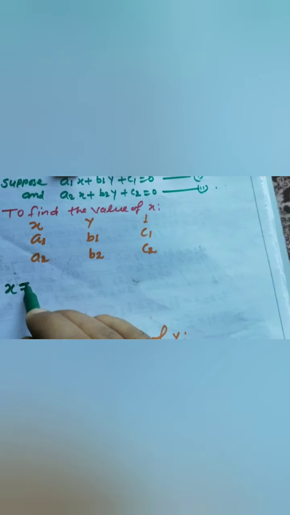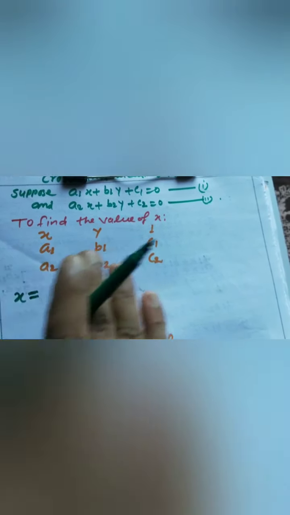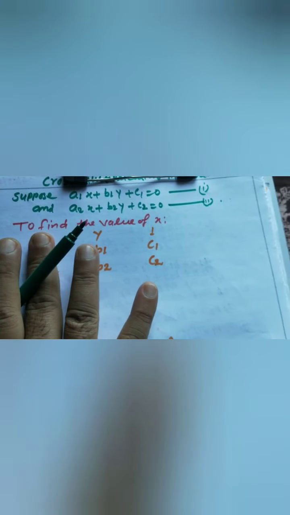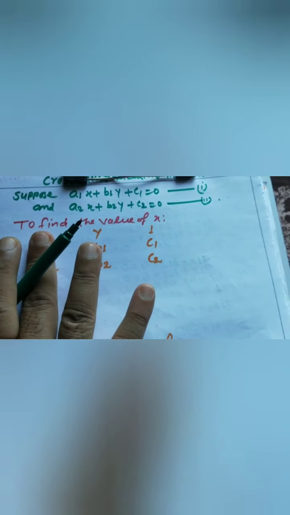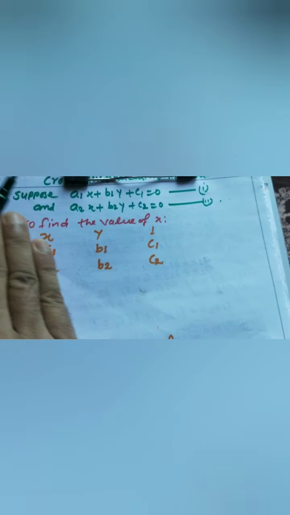Now let us find the value of x. To find the value of x, write here x will be equal to... If you have to find the value of x, then put a finger on or cover the coefficient of x.